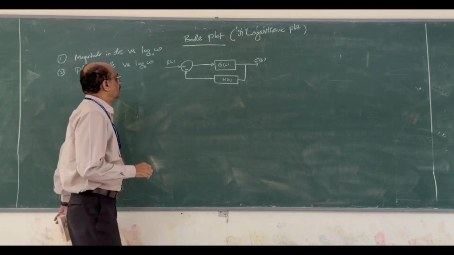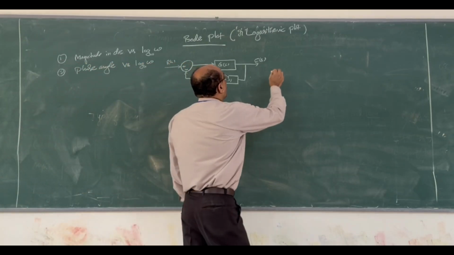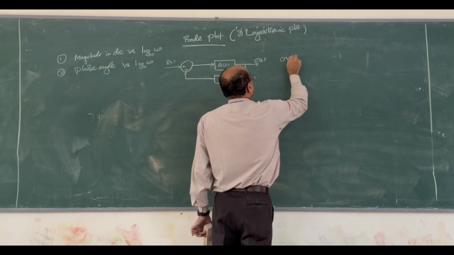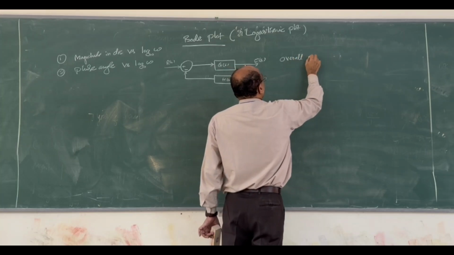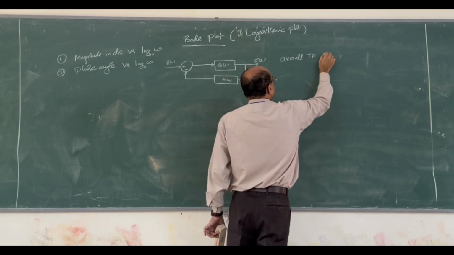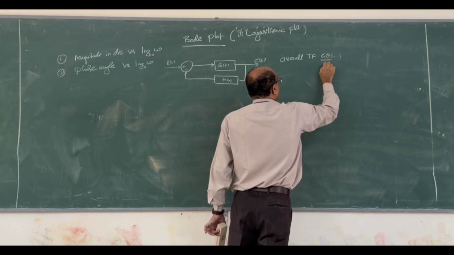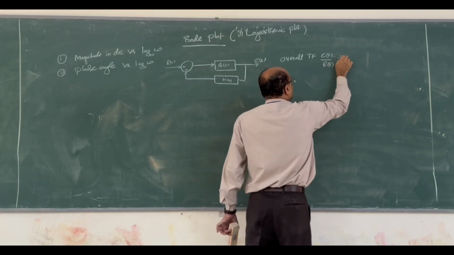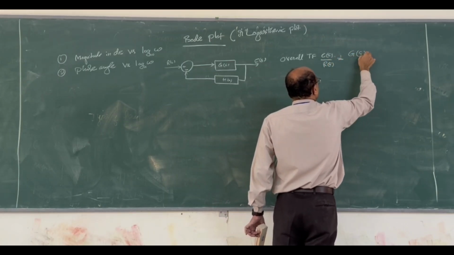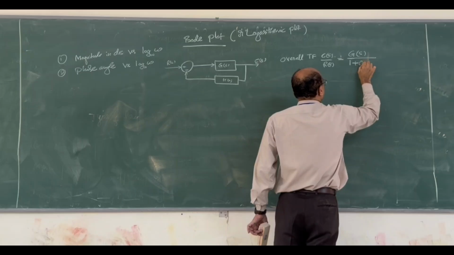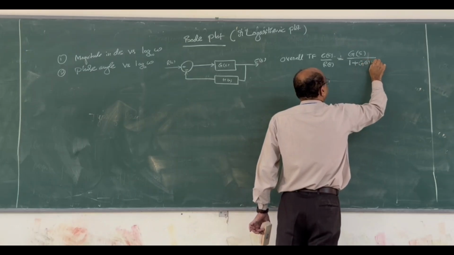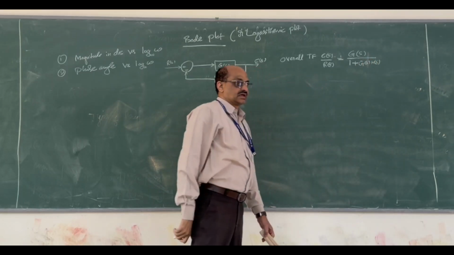So we know that the overall transfer function C(s)/R(s) is equal to G(s) divided by 1 plus G(s)H(s).